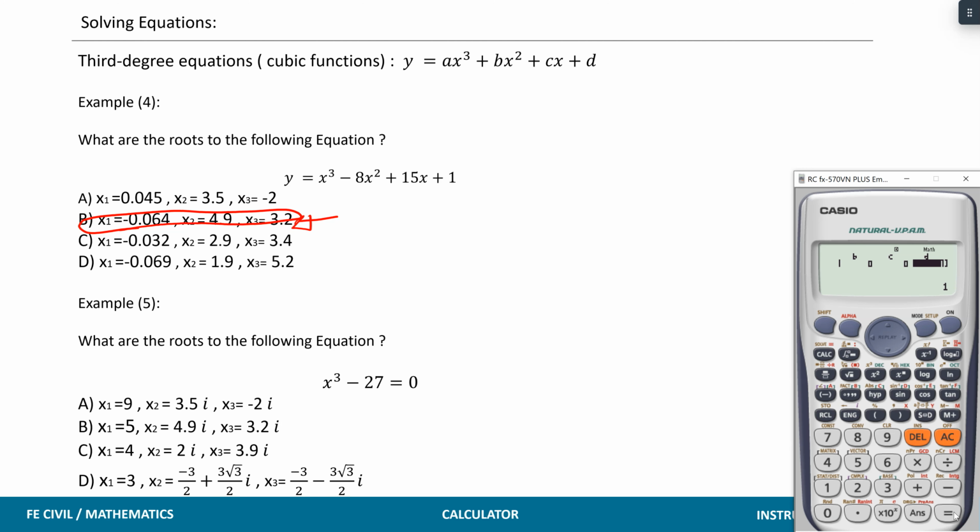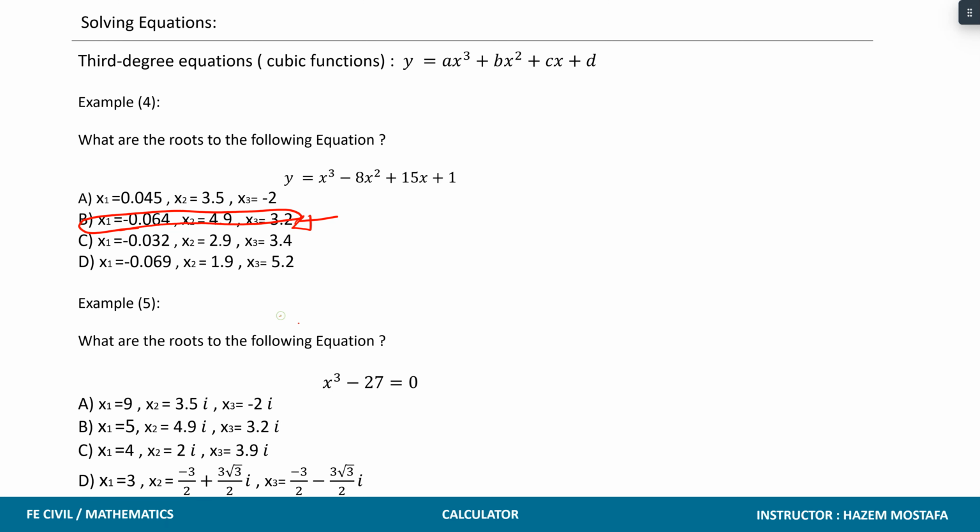And we have the constant here, which is negative 27, equals, and we're going to press equals again. So x1 is equal to 3 and x2 is equal to negative 3 over 2 plus 3 square root of 3 over 2 i, and the negative of it. So the right answer is D.